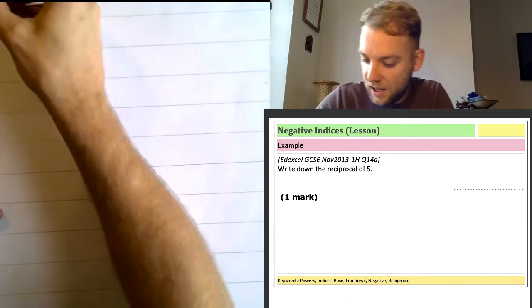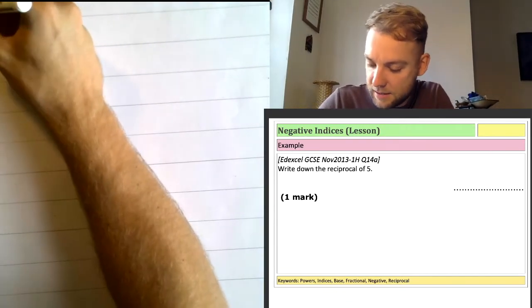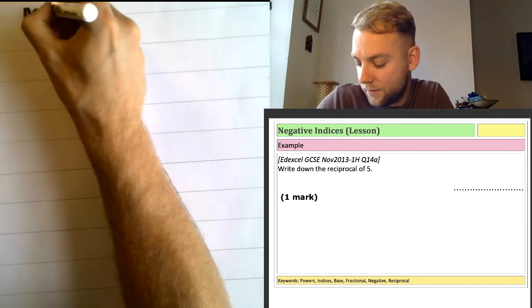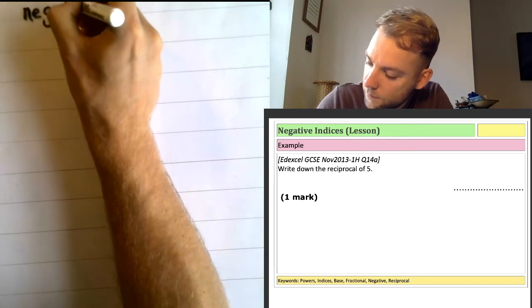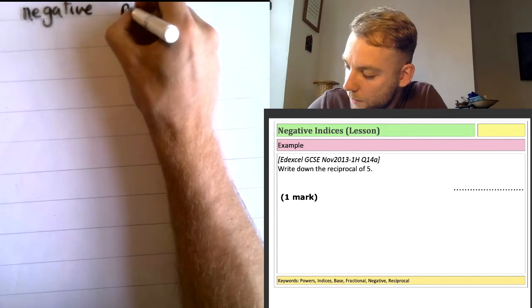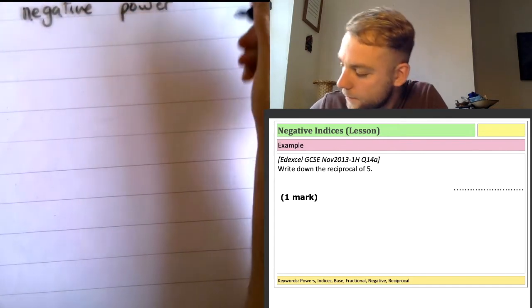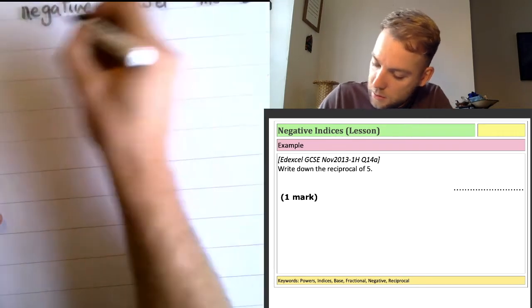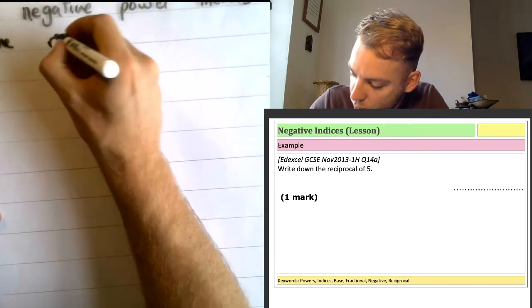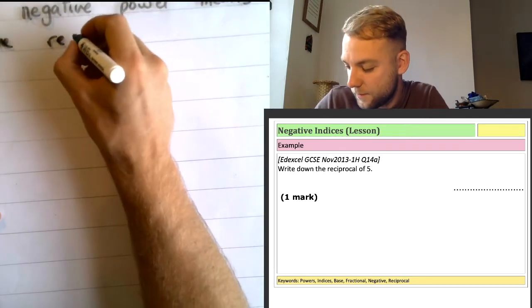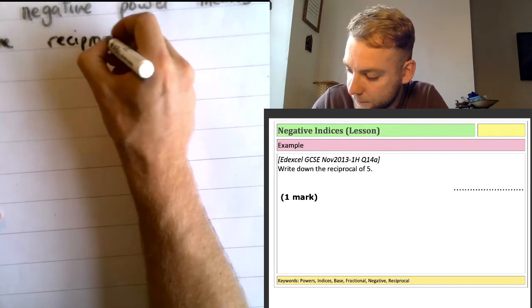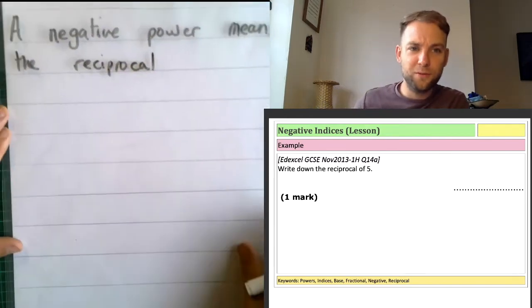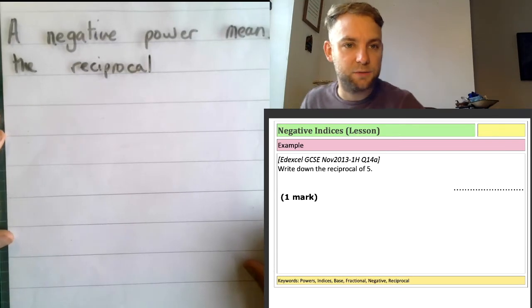So the definition here is a negative power means the reciprocal. Now you might say, well, what? A negative power means the reciprocal.